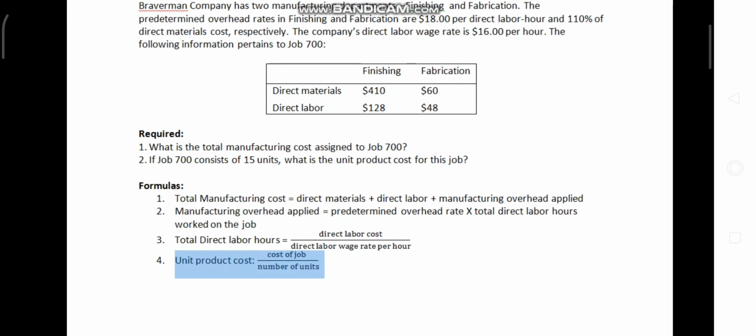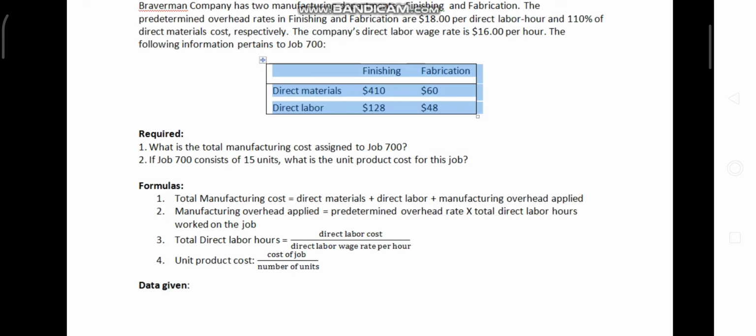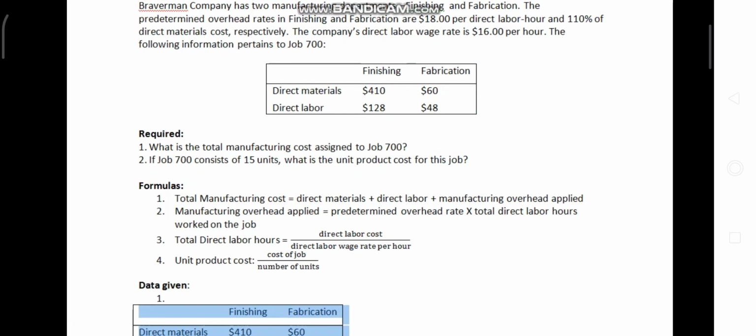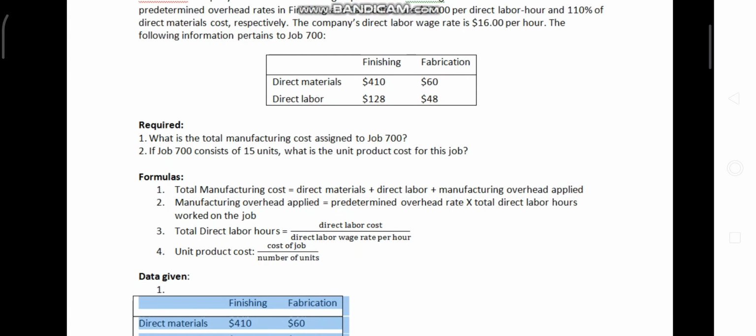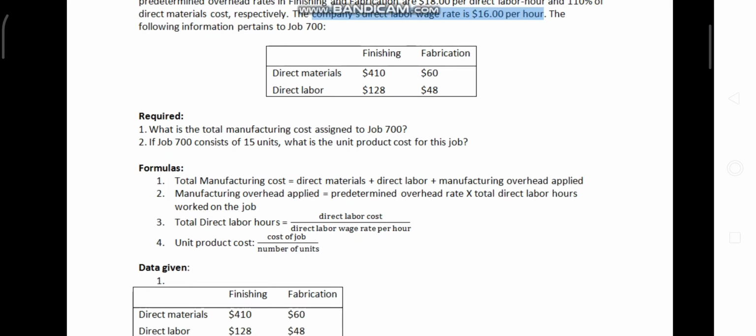Now we should list down the data provided to us. So first data given is simply the charts. I'm just going to copy paste it. The second information mentioned to us is that direct labor wage rate is $16 per hour, so I'm going to list this down too.